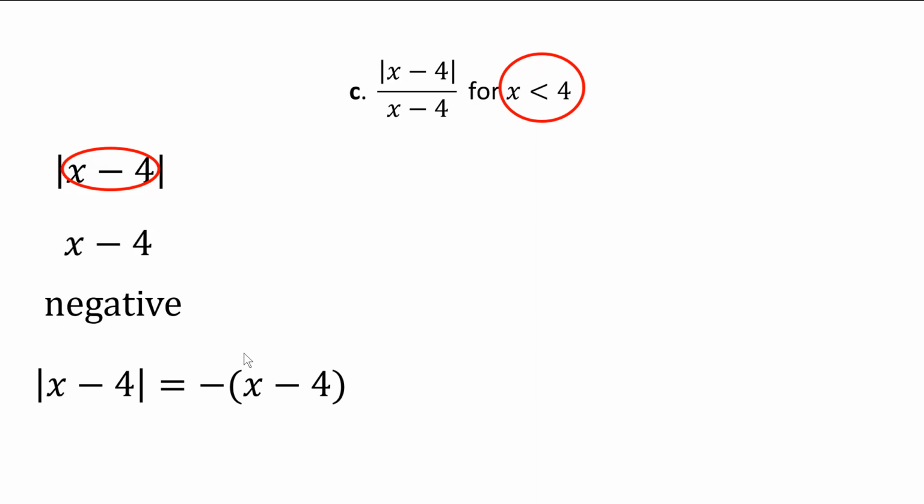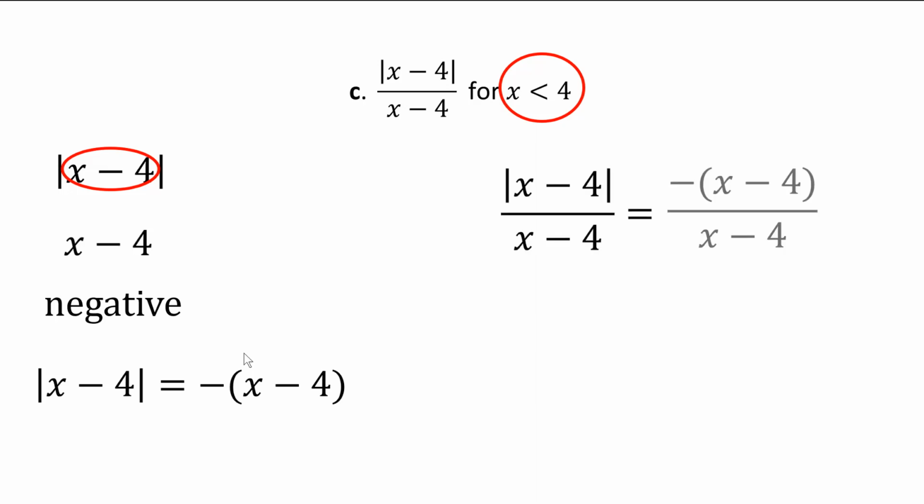So the absolute value of x minus 4 is negative, or opposite of x minus 4. So we can put that into the problem now, and then the absolute value is gone, and we can just simplify this. We have the opposite of x minus 4 over x minus 4, and anytime you have the opposite of a number over itself, you have a negative 1.